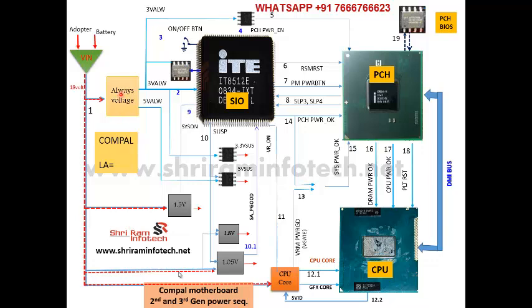And these square boxes are the pulse width modulators. These boxes are the different pulse width modulators. So this is called the always voltage, which generates the 3.3 and 5. This is called the 1.5 voltage for RAM. This is called the system voltage 1.8, 1.05, and this is called the CPU core voltage. Right?